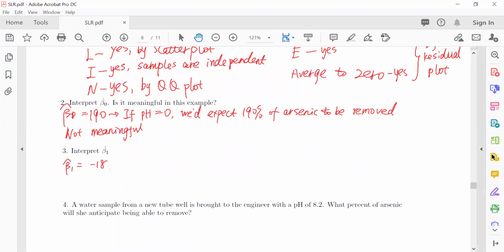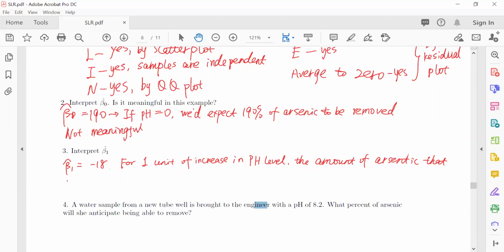That means for 1 unit of increase in the X value, the Y value, the percent of arsenic that can be removed, is expected to decrease by 18% on average.